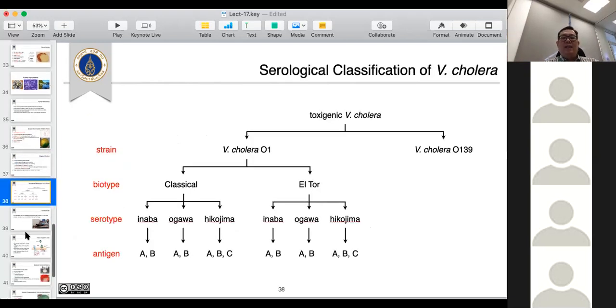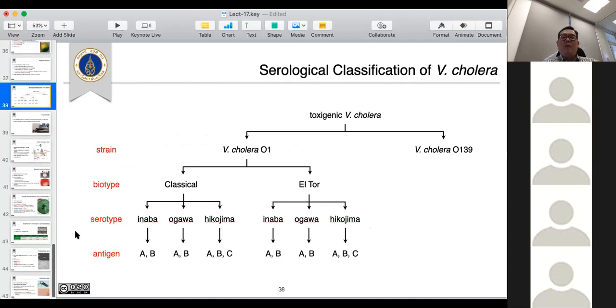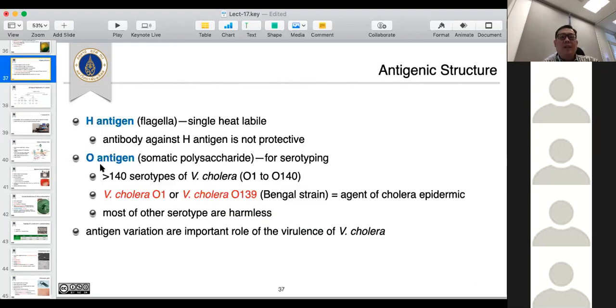To differentiate, we have toxigenic Vibrio cholerae and non-toxigenic Vibrio cholerae. All the antigens can be divided into more than 100, about 140 serotypes.